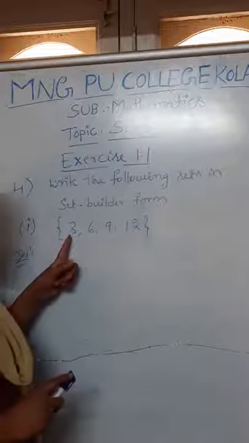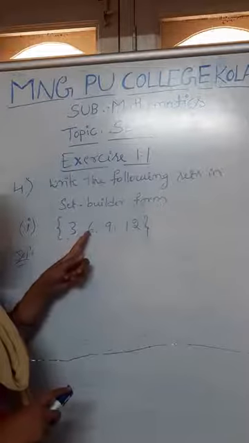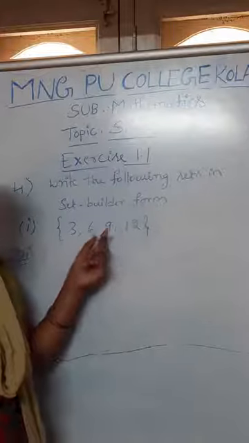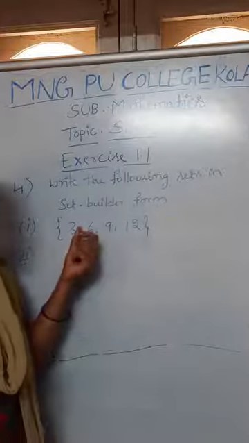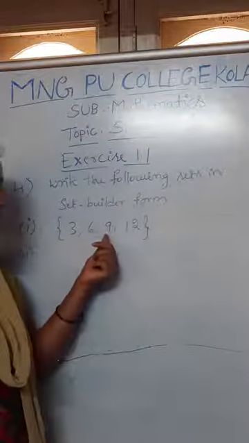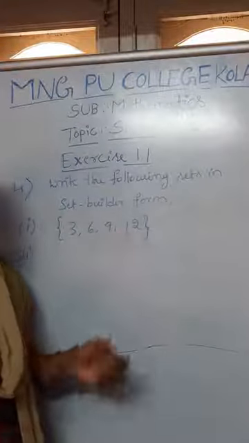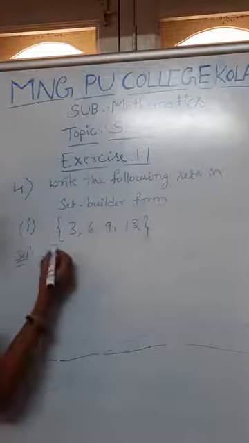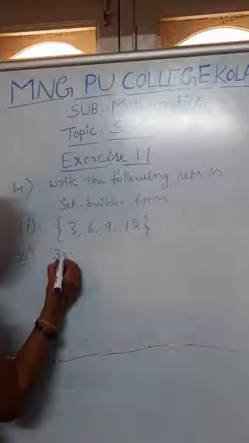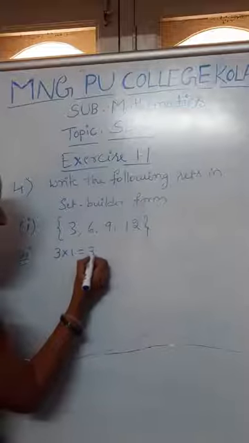3 times 2 is 6, 3 times 3 is 9, 3 times 4 is 12, right? Here it is the table of 3: 3 times 1 is 3, 3 times 2 is 6, 3 times 3 is 9, 3 times 4 is 12.